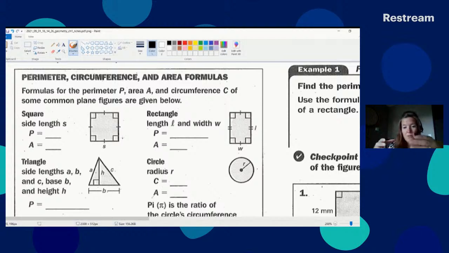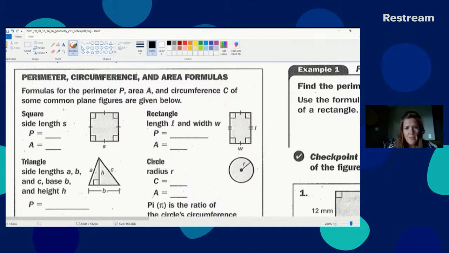If you wanted to have a circular cake, a round cake, and you wanted to wrap, let's say, a ribbon around the outside, that would be the circumference. And then you wanted to know how much icing it would require to cover the top of your cake, that would be the area. So just to review what those terms are, and then we're going to talk about what the formulas are, just to make sure that we're all on the same page.